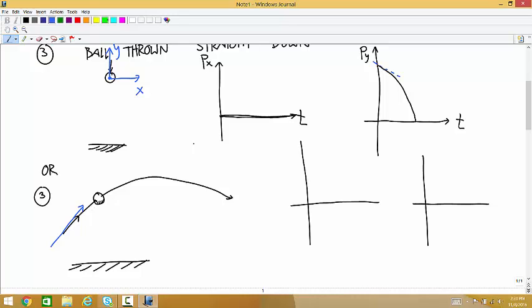If you put the tail of this initial velocity vector at the origin and thought about the quadrant that vector's in, you know that both of those two components are positive. So what that says is the slope at time equals 0 is positive in both of these two cases. So we have something like this for x and something like this for y.